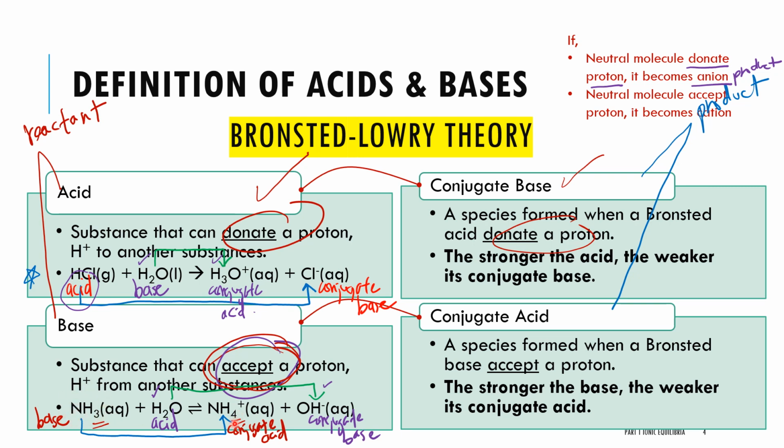So you akan dapat NH4+. So basically ini caralah awak nak mengingat macam mana nak form produk di sebelah kanan daripada acid dan juga base. Neutral molecule donate proton, it becomes an ion. Neutral molecule accept proton, it becomes cation. That's simple. Boleh?